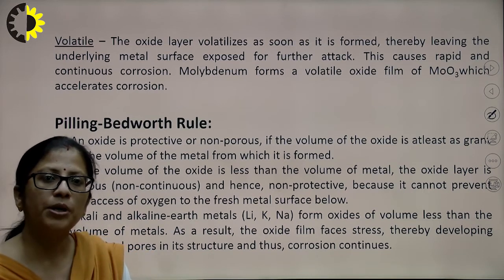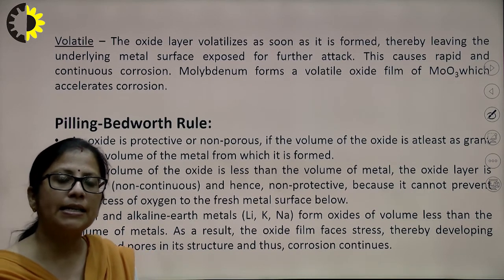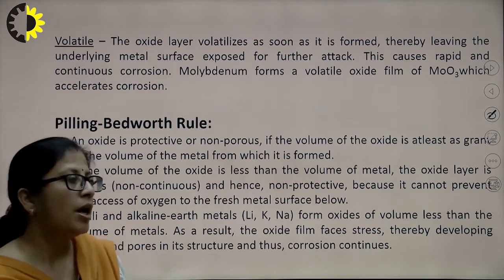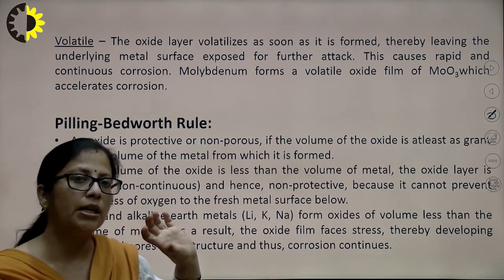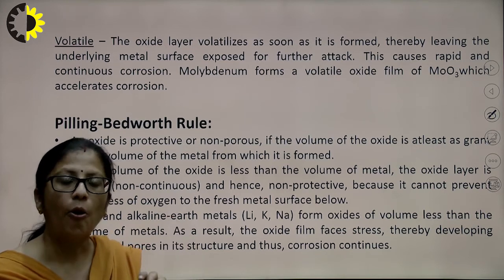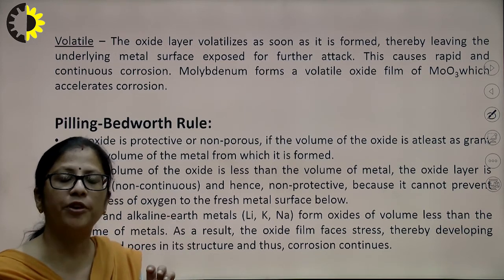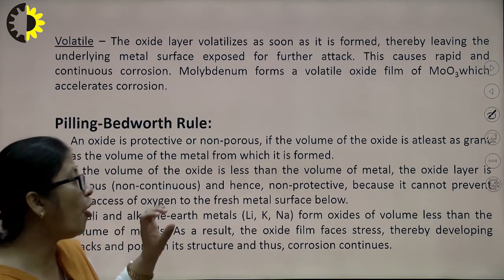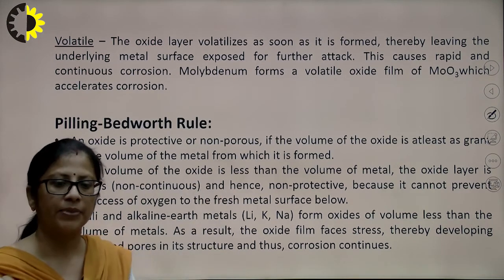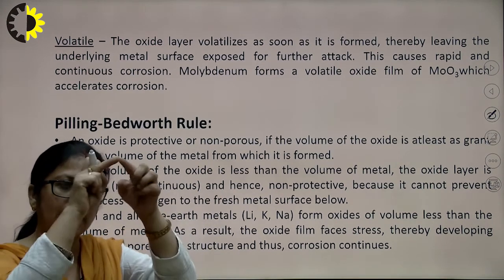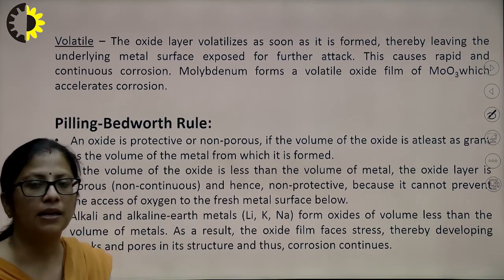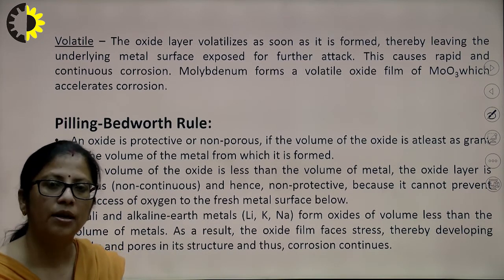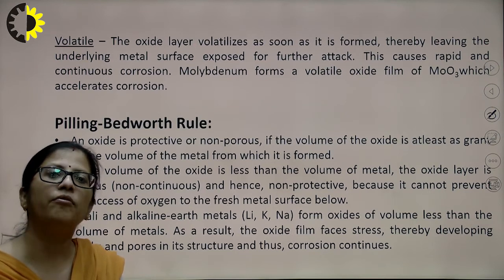This rule states that an oxide layer which is formed is protective, or a non-porous film is formed, if the volume of the oxide is as great as the volume of the metal from which it is formed.